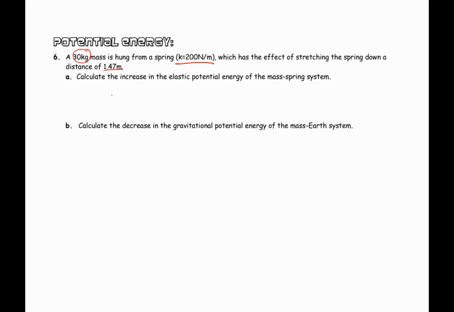So our change in our spring potential energy is equal to 1/2 kx squared. So we have 1/2 times our spring constant, times 1.47 meters squared. And that's going to end up giving me 216.1 joules.